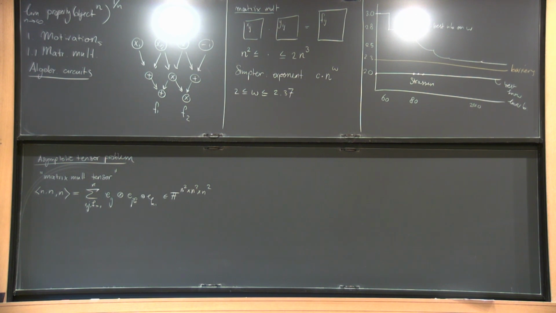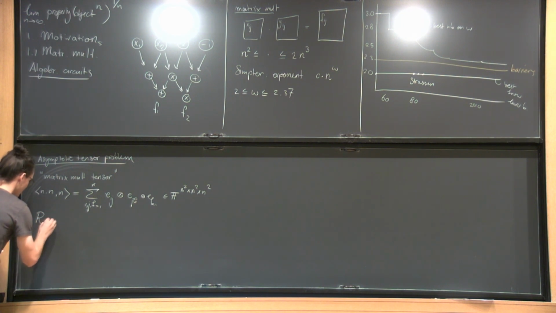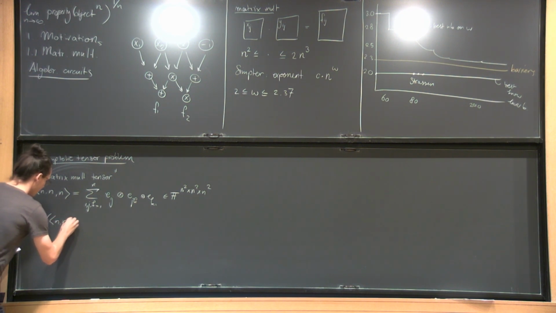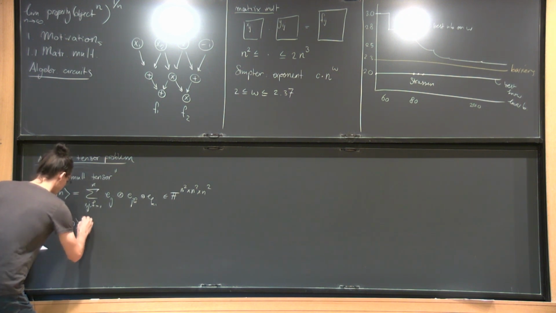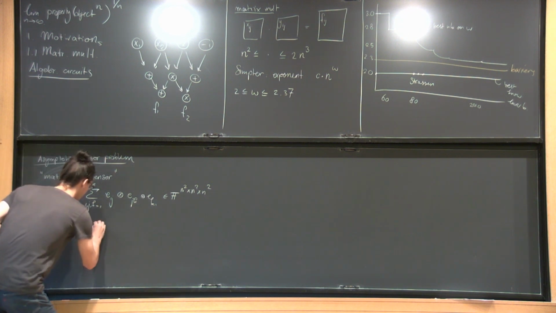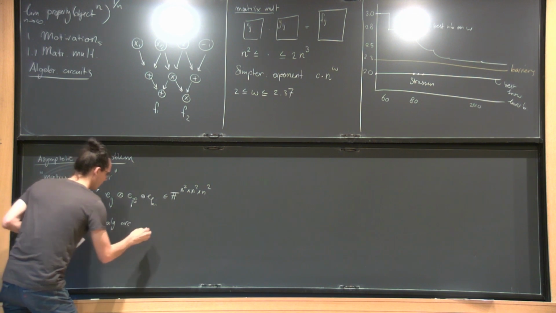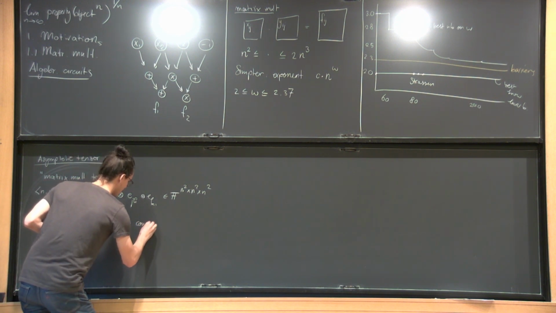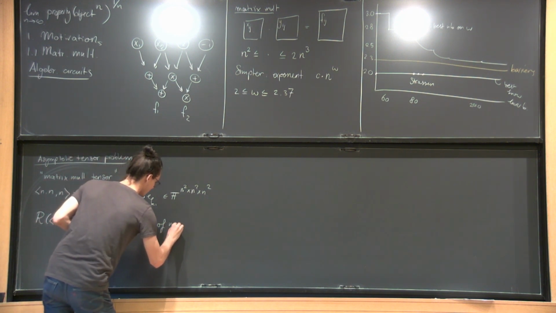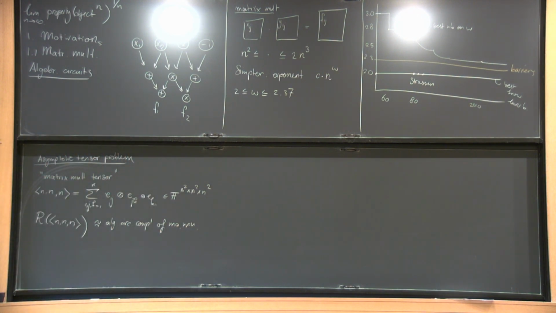And the point of this tensor is that if you consider its tensor rank, which we will also be talking about more later, then this tensor rank denoted by R is roughly the same as the algebraic circuit complexity of matrix multiplication. Okay, so that's why I'm going to talk about tensors later.